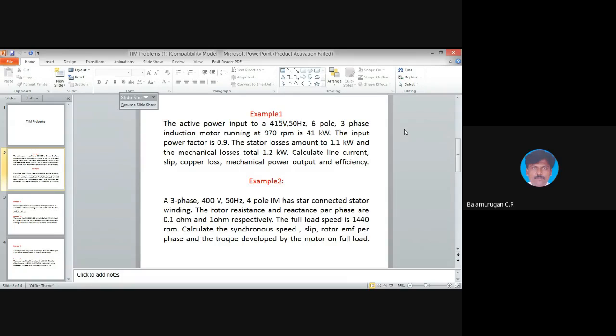So what is the value calculated? Ns equal to 1500. So write the given data, we'll continue with the problem. Slip equal to 4. Okay, correct.